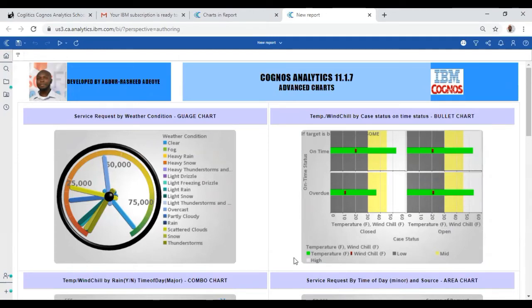If we check the legend, the green part is the temperature, while the wind chill is the red part of the legend. The ash part is showing that we have a very low service request, while the one that looks like a lighter yellow is talking about the medium, while if it is very high, it's talking about something that looks like white. So that is what we're having in this bullet chart.